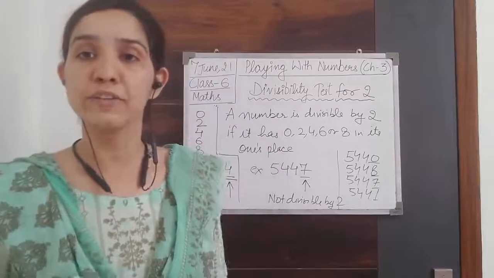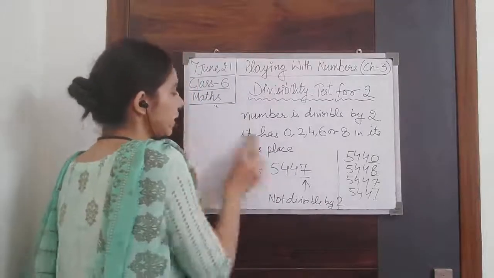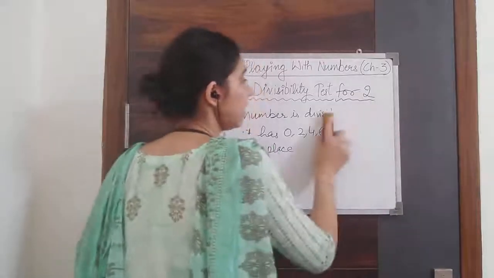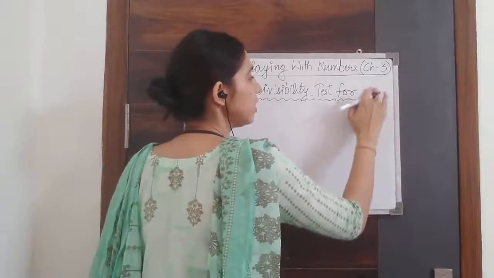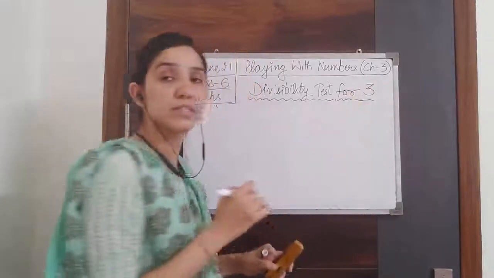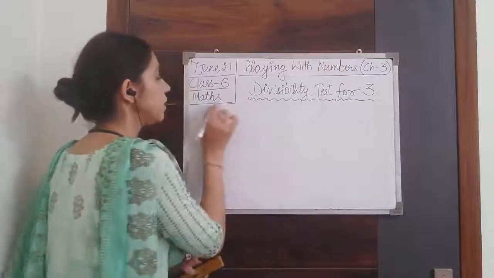Next we have divisibility test for number 3. Divisibility test for number 3 says that a number is divisible by 3 if the sum of its digits is divisible by 3. What does it mean?